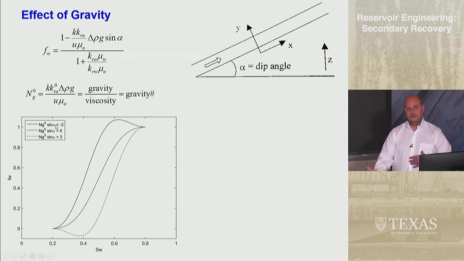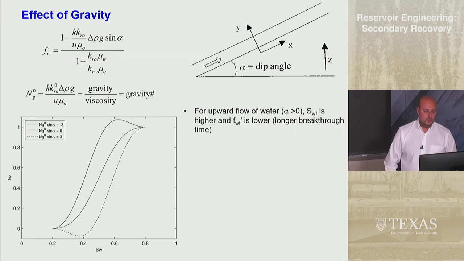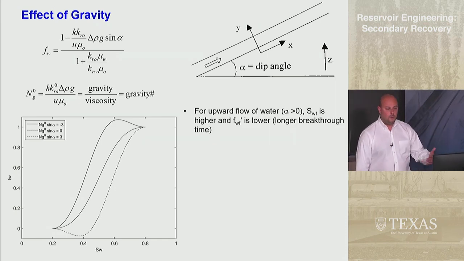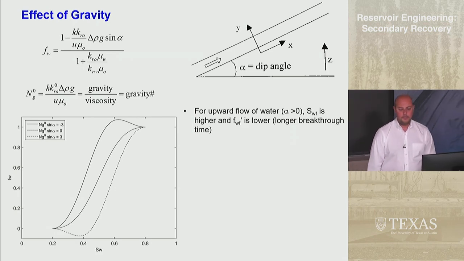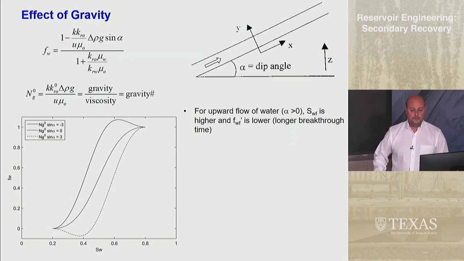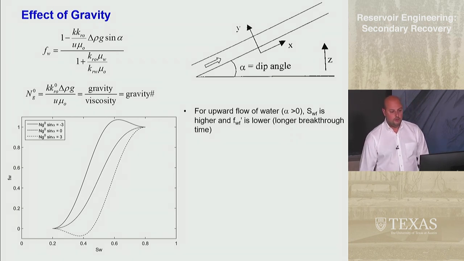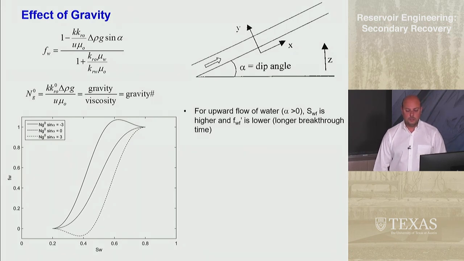But if your density difference is big and or your velocity is small, or your viscosity of oil is small, then this gravity number can be significant. And what that means is, and I'll show why in just a moment, the flow upward of water, if you inject water from the bottom and it goes up, the front water saturation is higher. The derivative of the waterfront saturation is lower, meaning a longer breakthrough time.